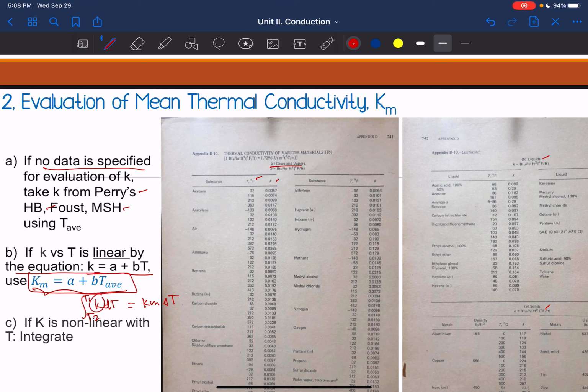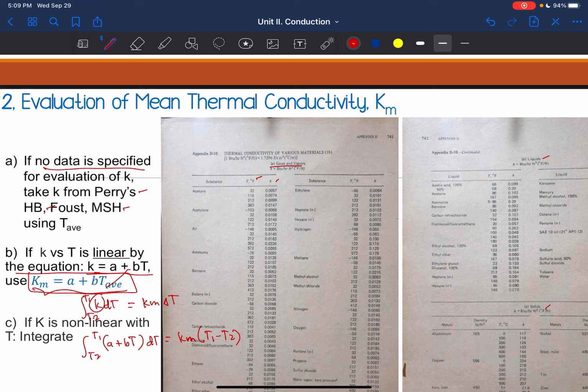Therefore, if your K is equal to A plus BT, you have the integral from T2 to T1 of (A plus BT) dT, or Km times (T1 minus T2). Take note, it's T1 minus T2 because you already have a positive value of your Km here.